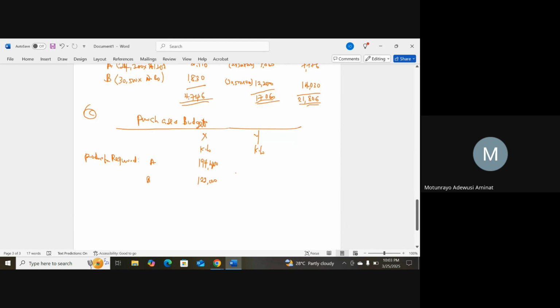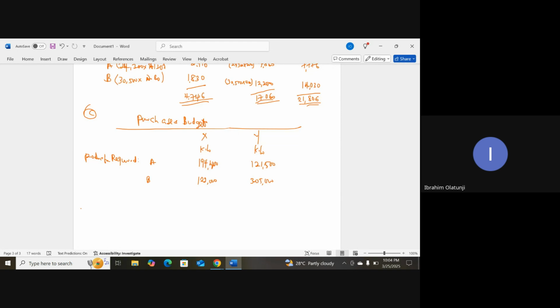For the Y, for A, we have 121,500 kilo. For B is 305,000 kilo. Can you see now?